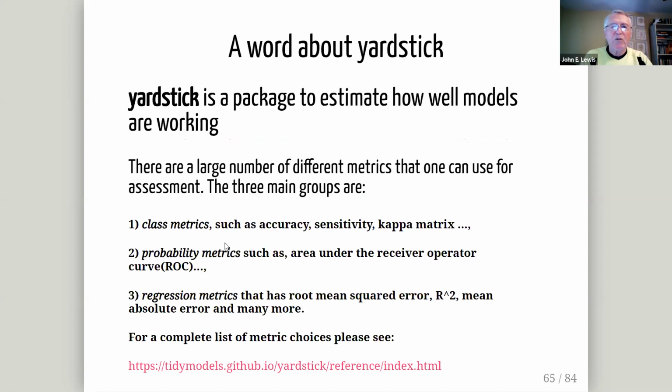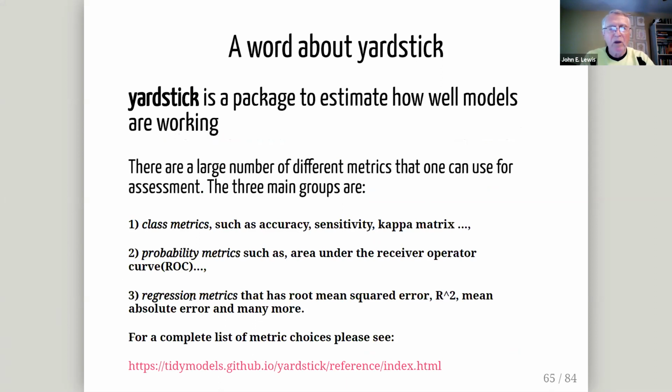Let me just say a few words about yardstick, and I'm not going to go into detail with all the different kinds of metrics that are available to you. The first two metrics here are for classification types of problems, such as accuracy, sensitivity, and the receiver operating curve, or the ROC curve.